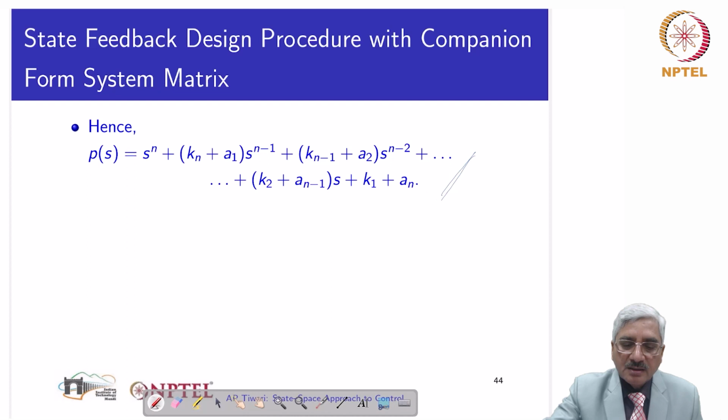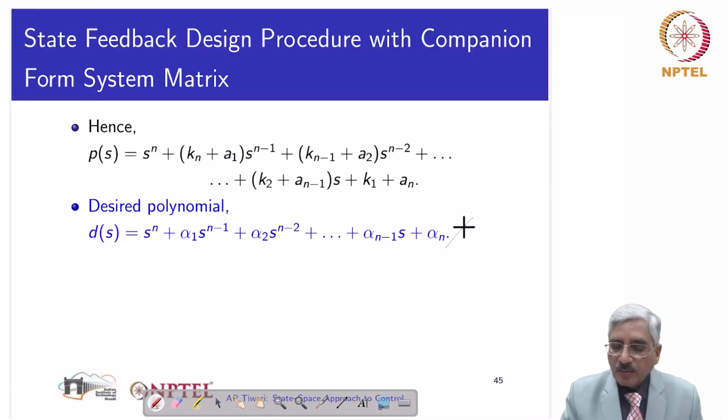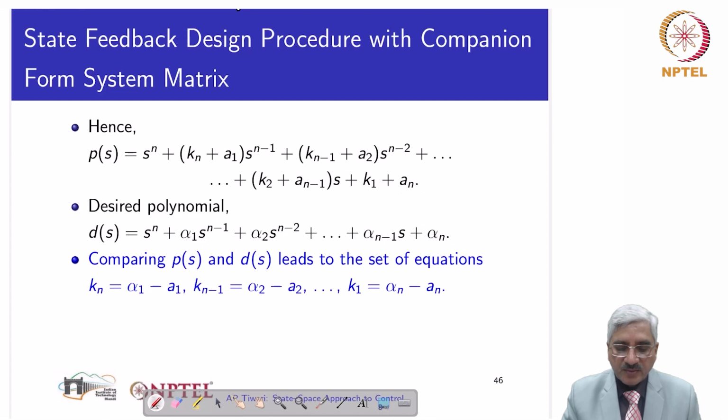And if we compare this with the desired characteristic polynomial, term by term, this to this, this to this, like this, what we get is, again we get n equations, but these n equations have a much simpler structure.